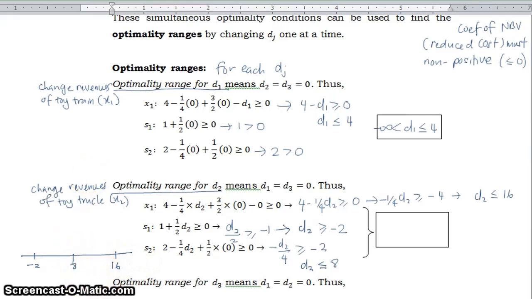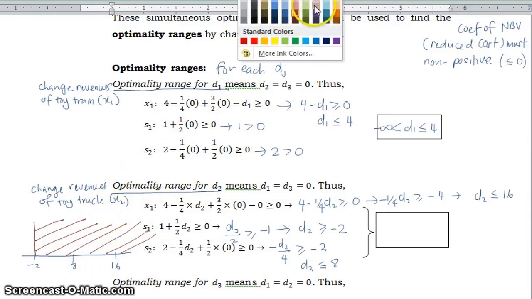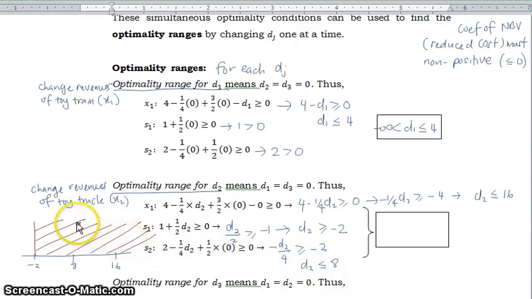Let's draw the first area. For D2 greater than or equal to negative 2, the area is on the right side of negative 2. Now, for D2 less than or equal to 8, the area is on the left side of 8.